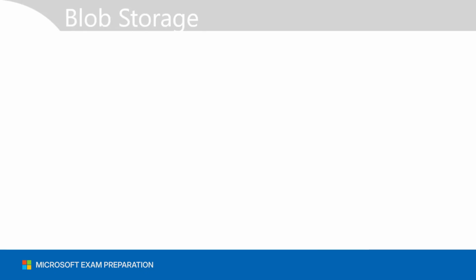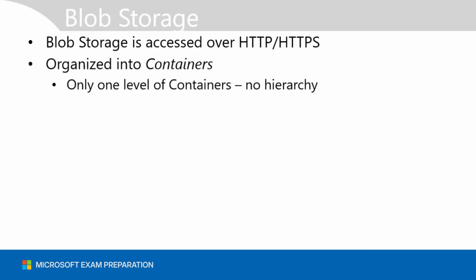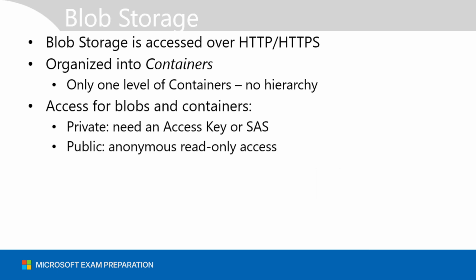Let's talk about blob storage. So blob storage is blobs, any file, any kind of data you want to store, accessed over HTTP or HTTPS. They're organized into what are called containers. So a container is just a collection of blobs. There's only one level of containers and no hierarchy, and we'll see how that differs when we talk about file storage.